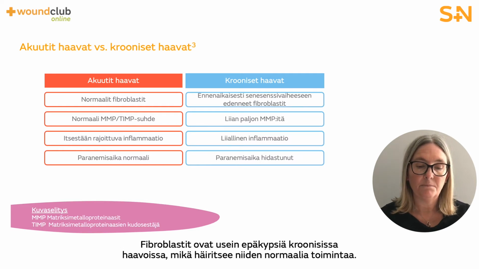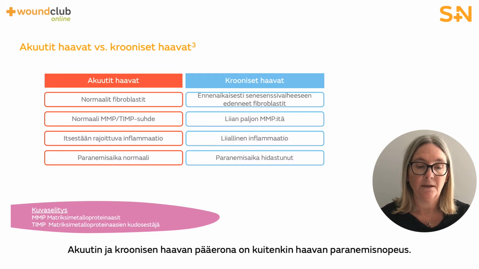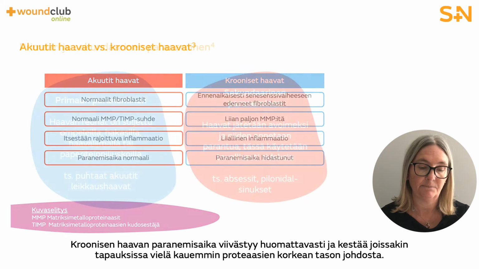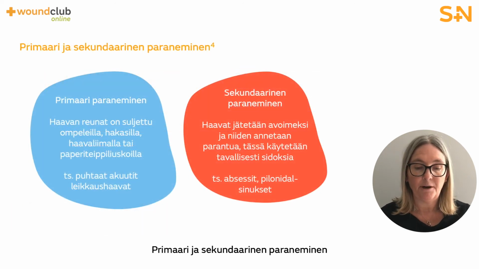Fibroblasts are often premature in chronic wounds, which disrupts their normal functioning. The main difference, though, between acute and chronic wounds is the rate of healing. The time to chronic wound healing is significantly delayed, going on in some cases to become larger due to the high level of proteases.